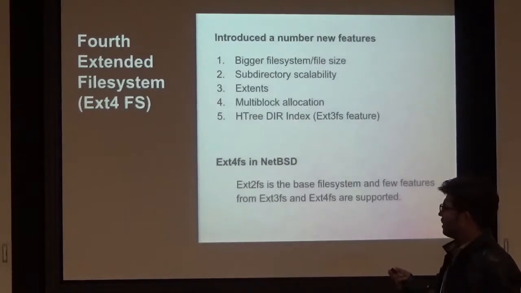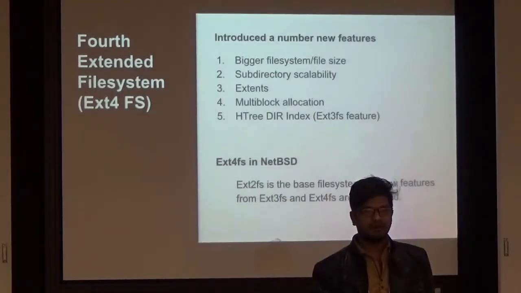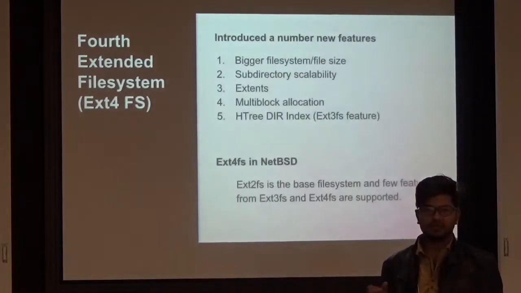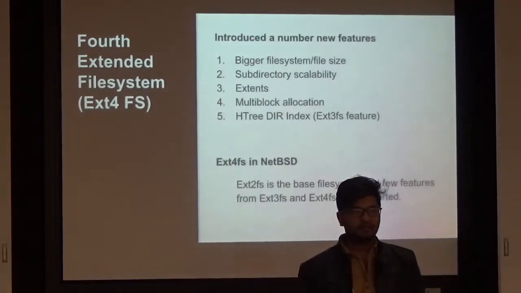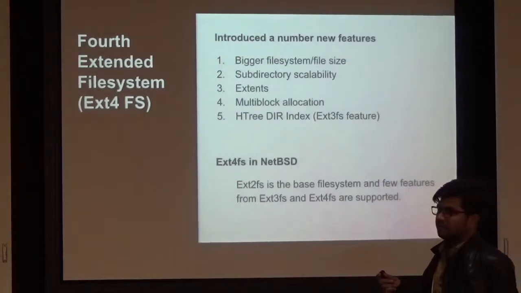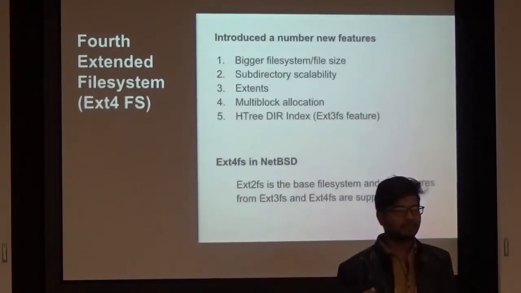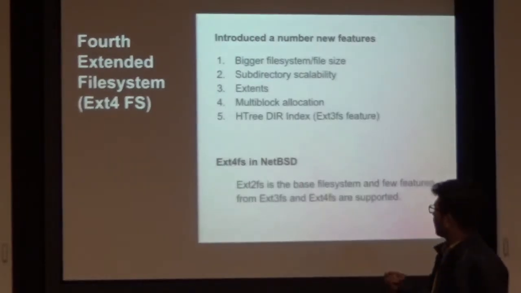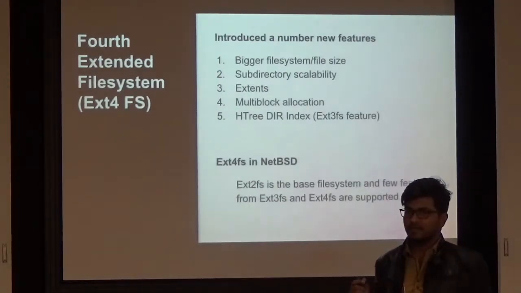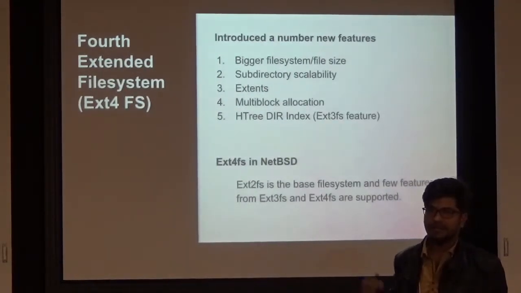Let's suppose the file is some 100 MB and each file system block size is 1 MB. Then that file would require 100 blocks. Earlier in Ext3, for each of the 100 blocks, the file system had to request them separately, one by one, 100 times.